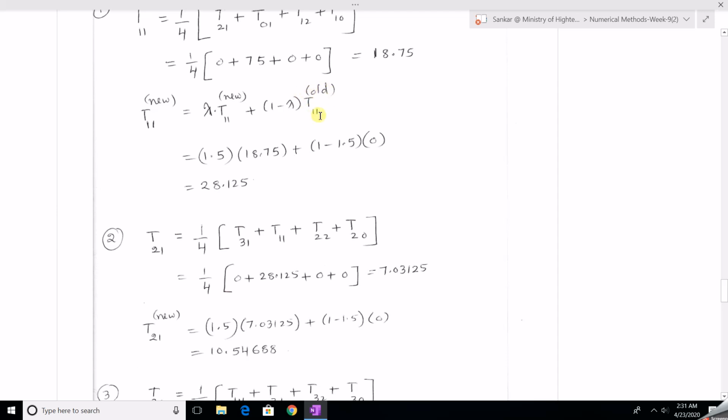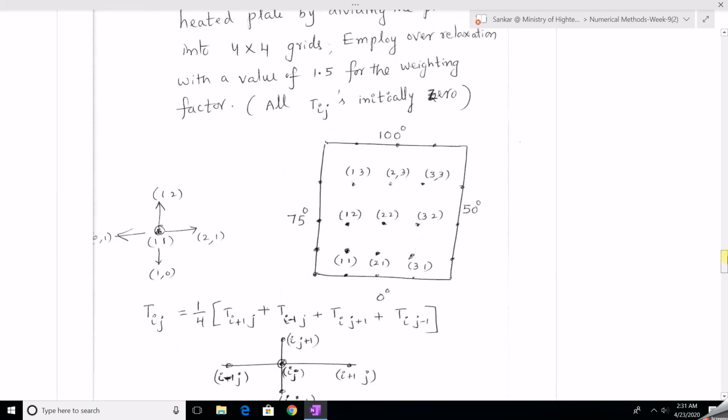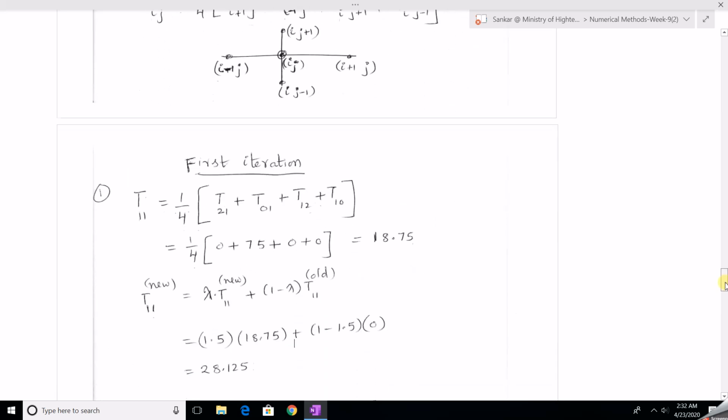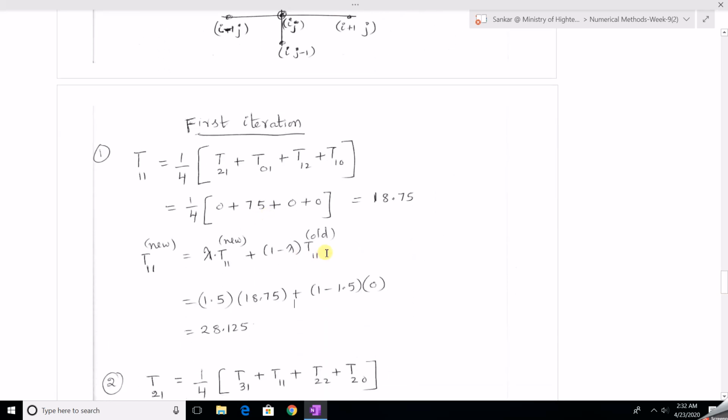What is the T11 old value? It is 0, because initially all the temperatures within the plate are assumed to be zeros, as given in the problem. Therefore the old value of T11 is 0.